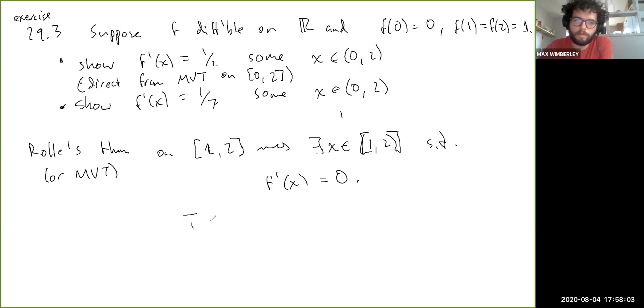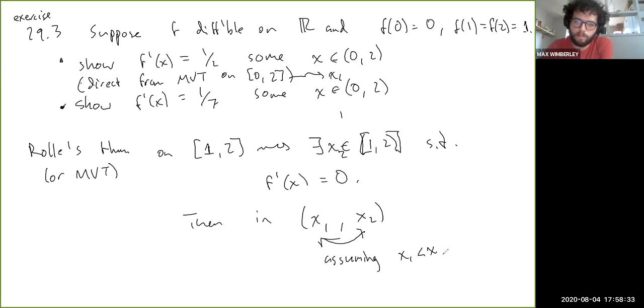So then, if we call the x we found from this part x1, and this one x2, depending on which order, there exists an x such that f prime of x equals 1/7.